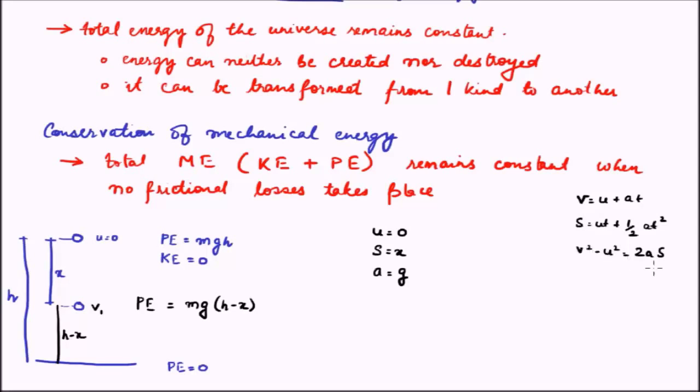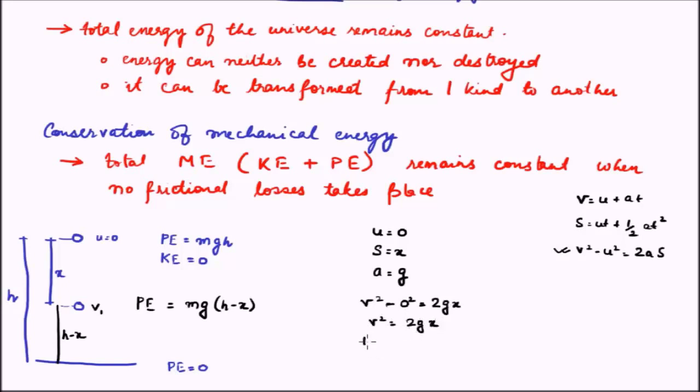We know u, we know a as g, and we know the distance covered as x. So I'm going to use this equation. v square minus 0 square is equal to 2 times g times x. This gives me v square is equal to 2gx.